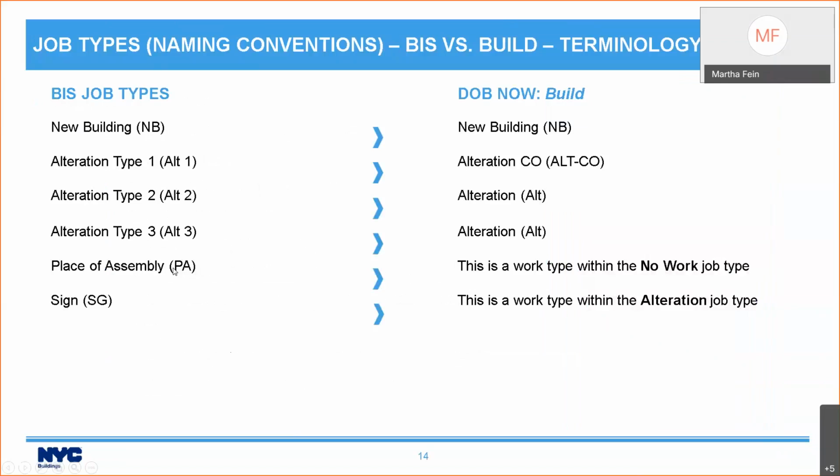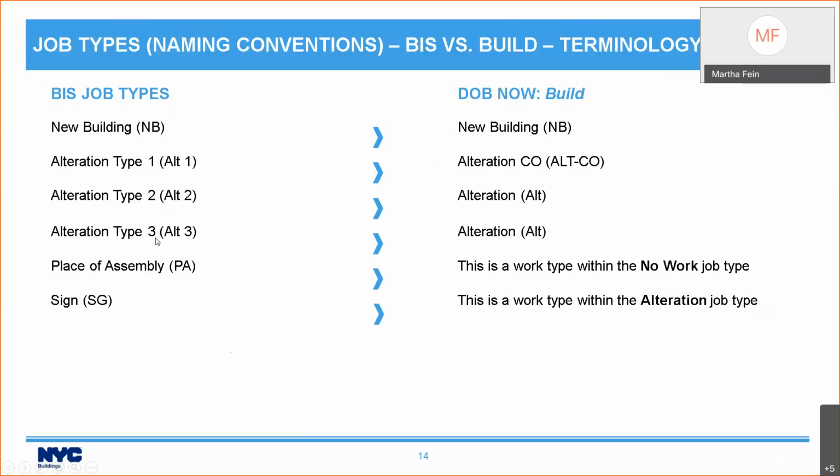So let's look specifically at terminology. And this is, by the way, part of the reason that we recommend that you download a copy of this presentation. You can download it from the DOB NOW training page. But in case you ever need to refer to this, if you forget: a new building is a new building. Okay, that's not changing. But alteration type 1, Alt-1s, are turning into Alt-COs.